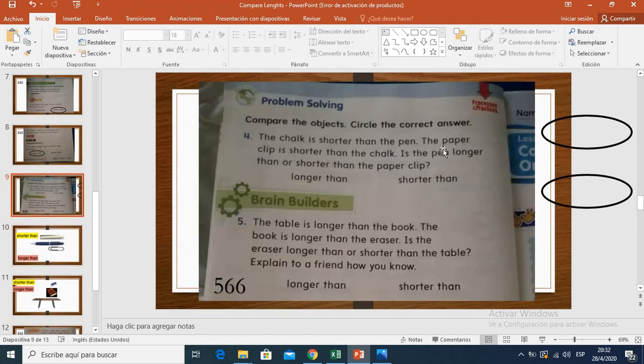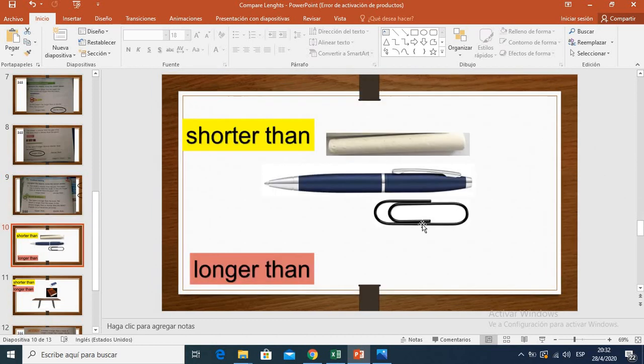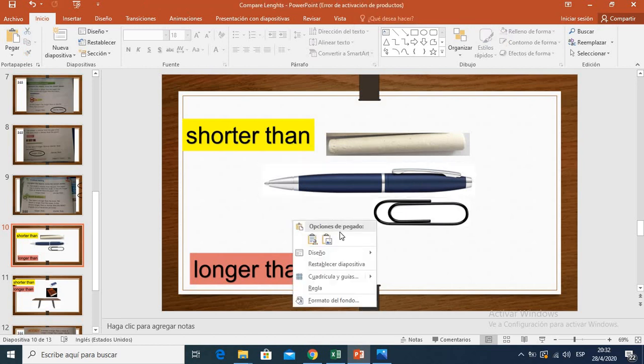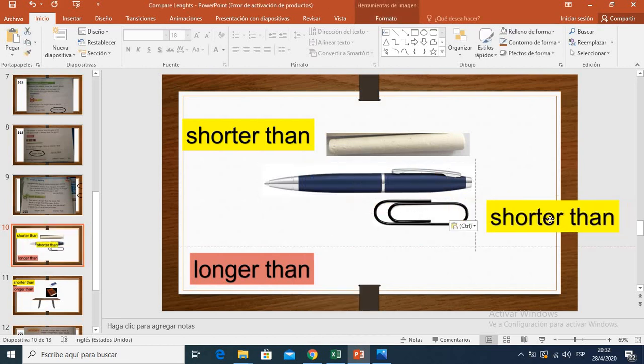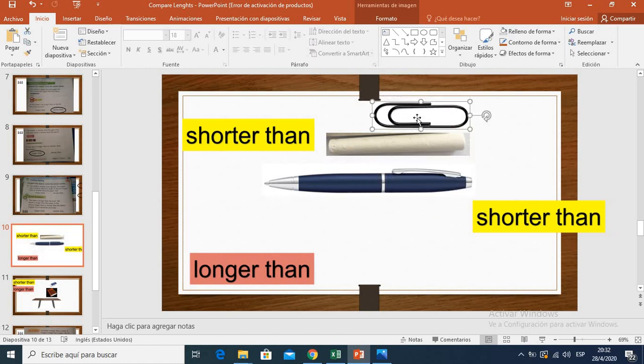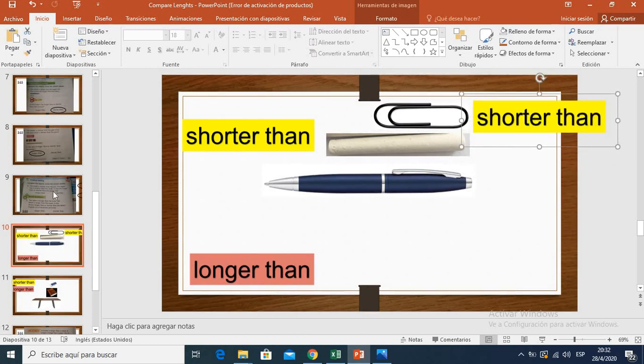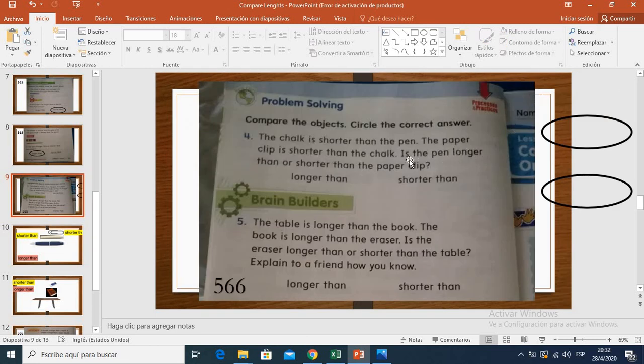That's the first part. Then it reads, the paper clip is shorter than the chalk. Is it true? If we compare the paper clip with the chalk, the paper clip is shorter than the chalk. Now the question reads like this. Is the pen longer than or shorter than the paper clip?